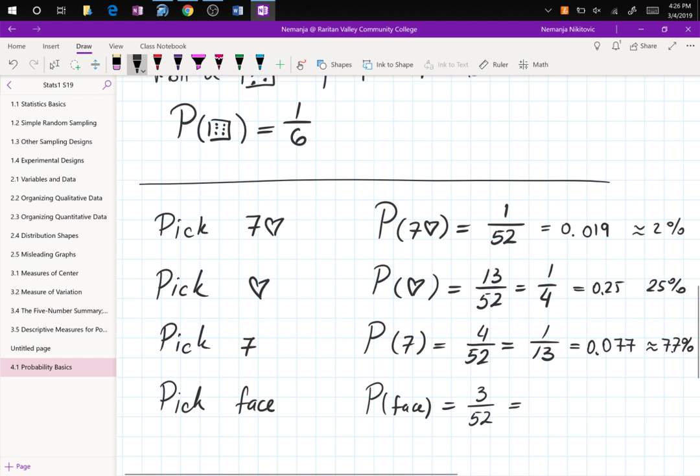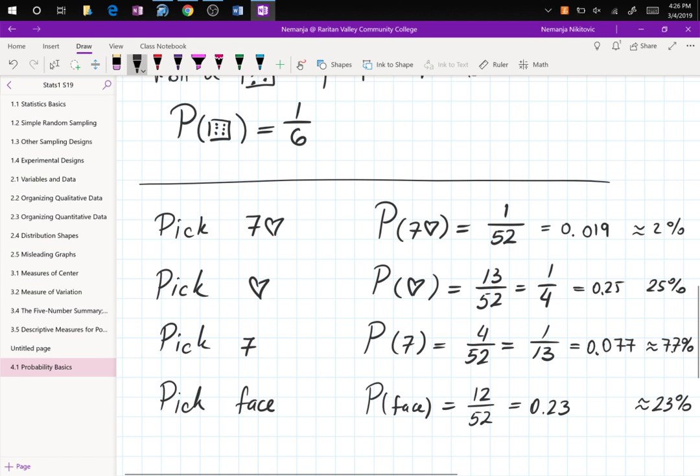Oh no, sorry. Yeah, you're right. That would be 12. You're right. 12 out of 52. So that's 23%, 0.23. So that's about 23%, which is still worse than picking just hearts.